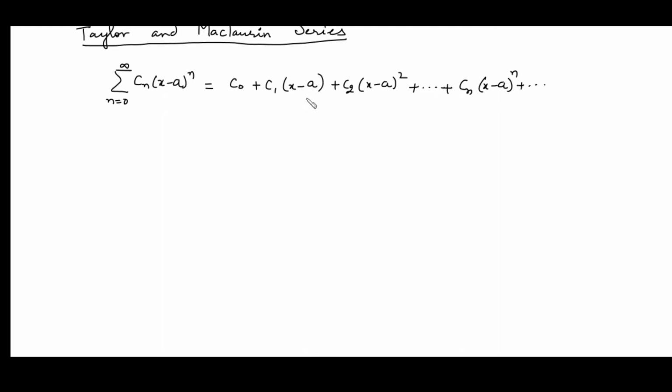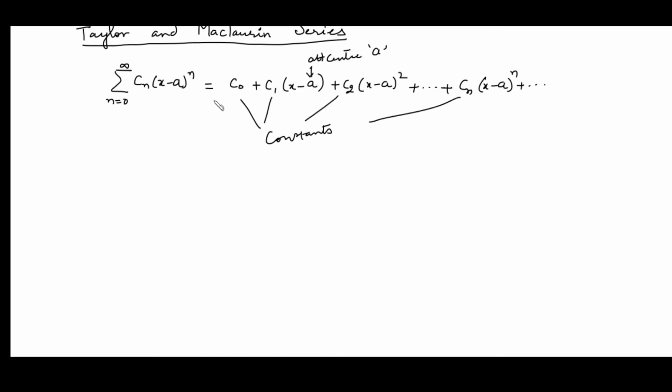So you are having the power series with C0, C1, C2, C3, Cn. They are constants, and this is a power series about the center a. So here a is the center.